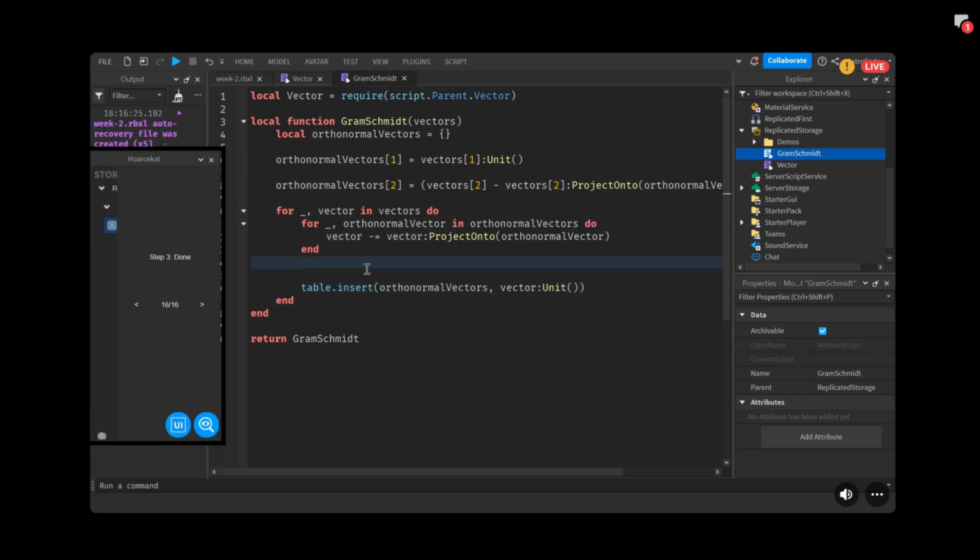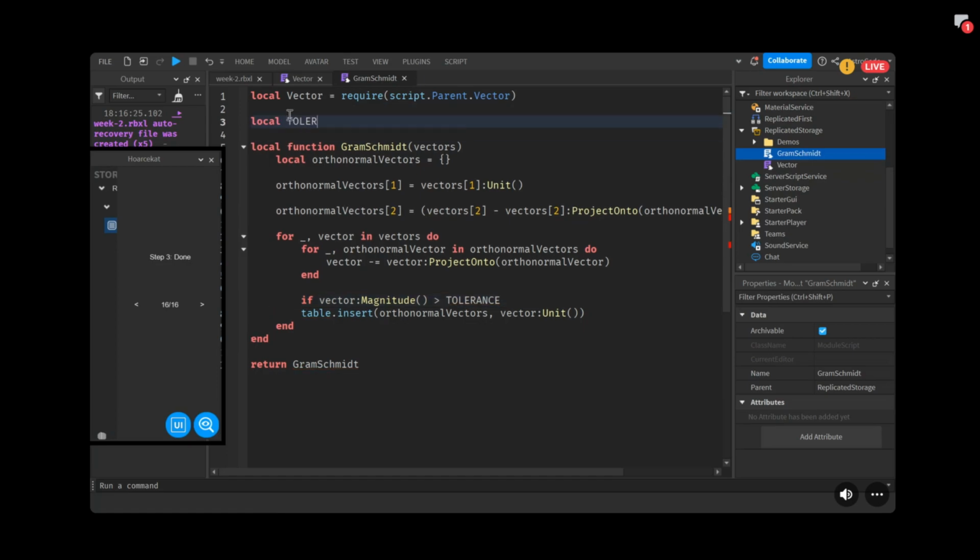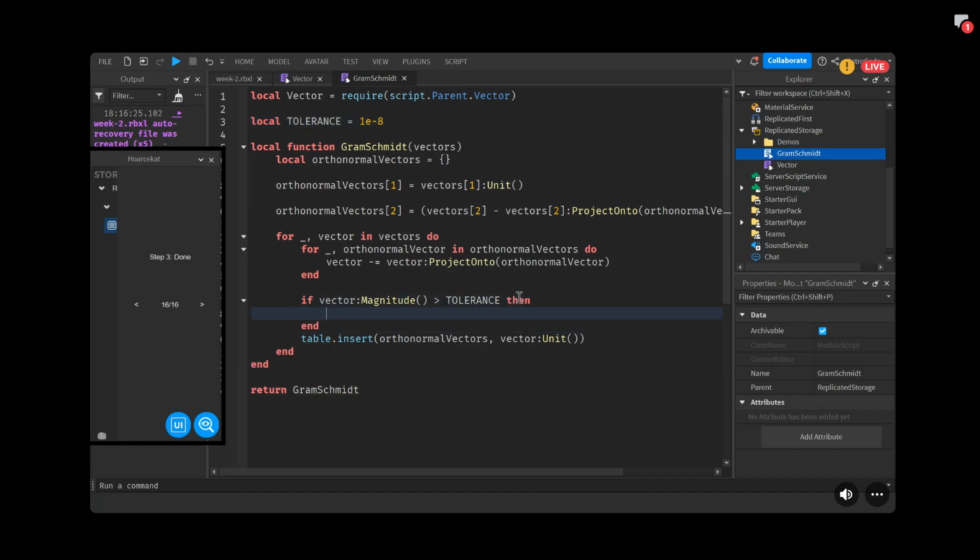So we might as well throw in a check for that. We'll do the same thing that we did for our vector class. Add in some really small number here. So if the magnitude is greater than some small number, then we'll normalize it and add it into our orthonormal vectors.